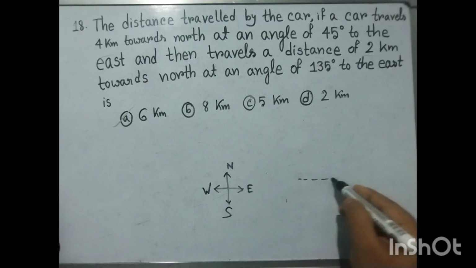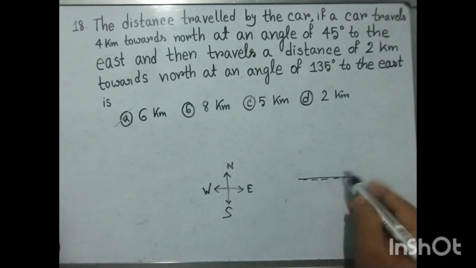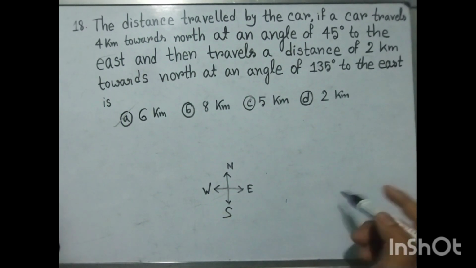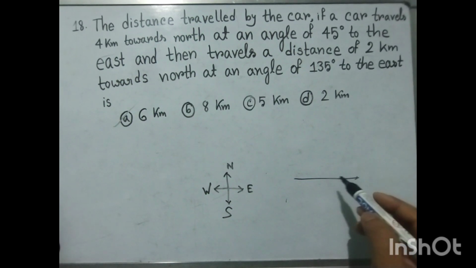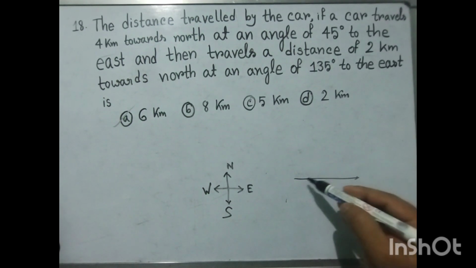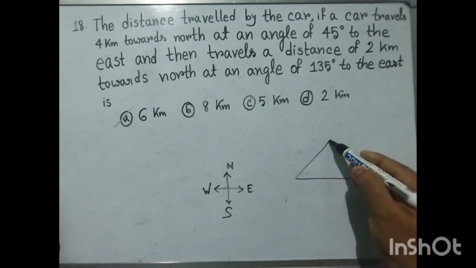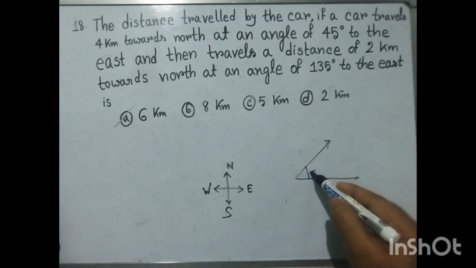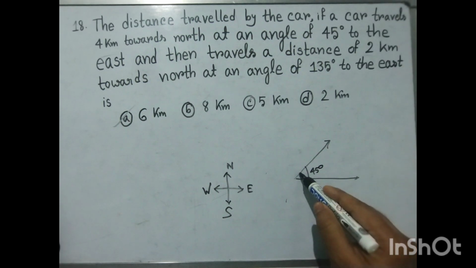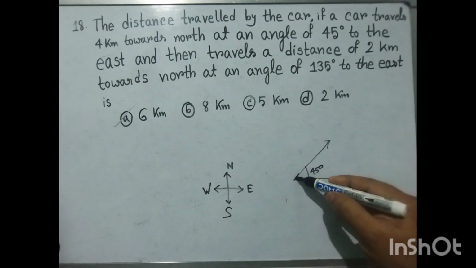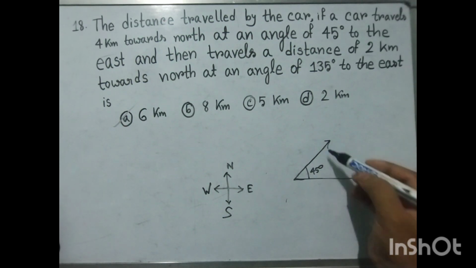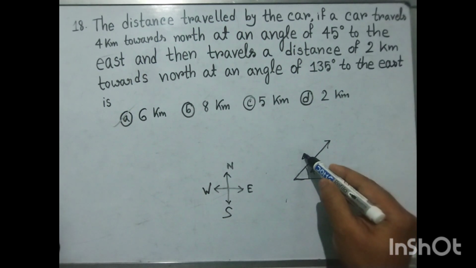So first with east it is making 45 degree towards north. So this is the angle where it is making 45 degree with east, and it is going 4 km.